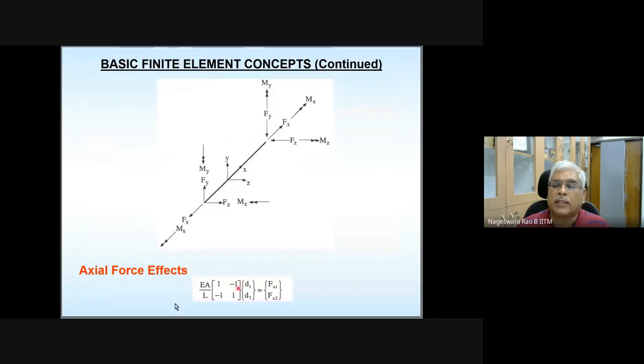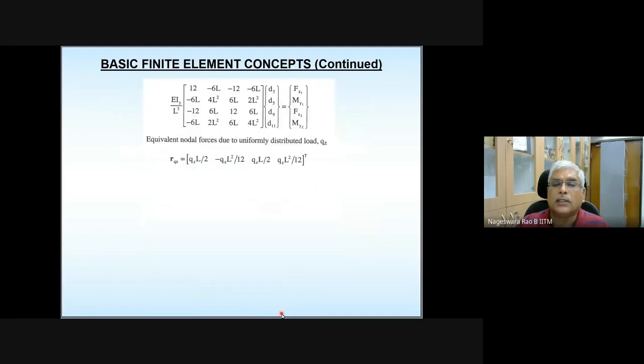If you want it for torsional effects, wherever E is there, replace it with G, and wherever A is there, replace it with J, with the corresponding degrees of freedom and corresponding moments. So these are the element equations for torsional effects.